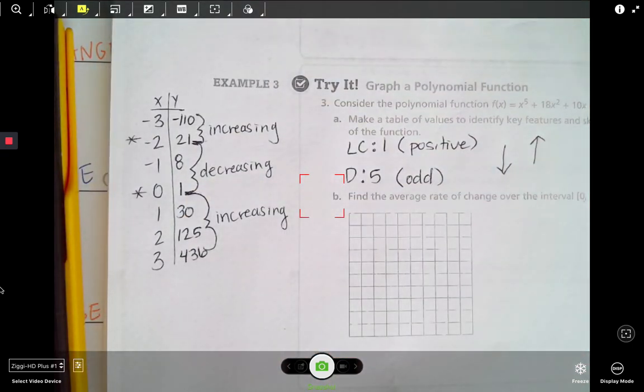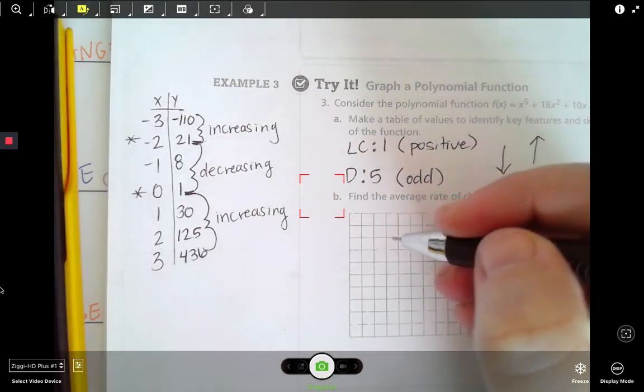Those are called your turning points. Okay, so then we're going to talk about your relative max and mins in a second. But first, let's draw our graph.